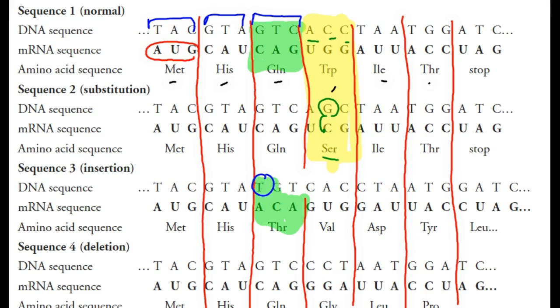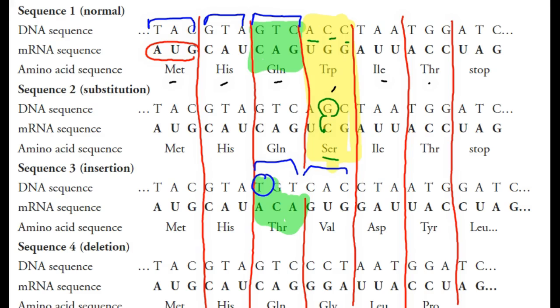Now instead of it being GTA, GTC, we have TGT, CAC, and everything after that point has changed. We call that a frame shift because the codon frame moves to the left or moves to the right.